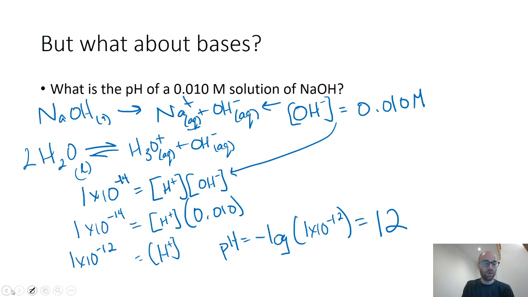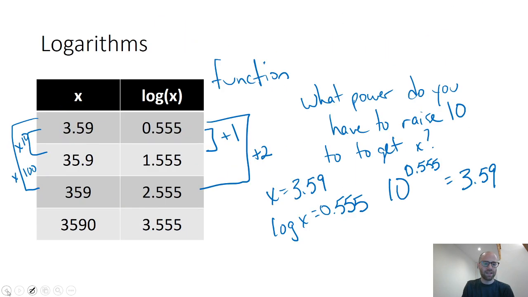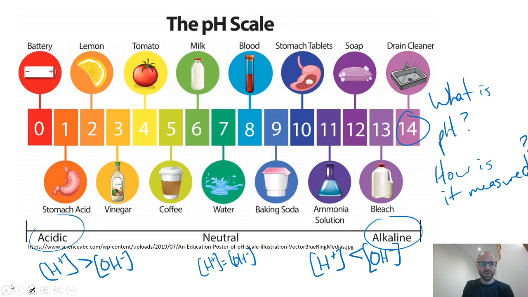We also know, there's one more thing to say. We also know that if the H plus ion concentration goes up, right, they were equal, now H plus is greater, that also means that the pH is going down.